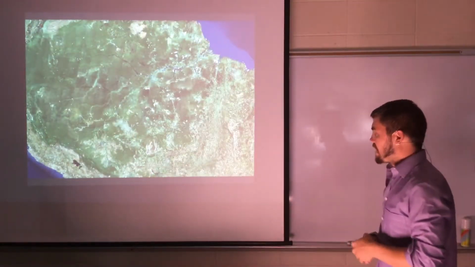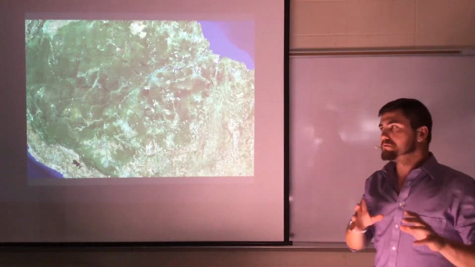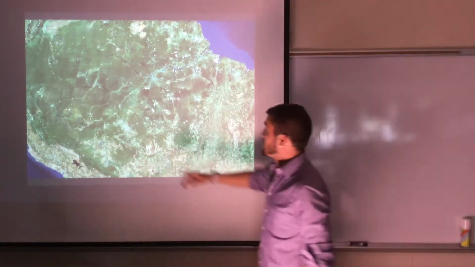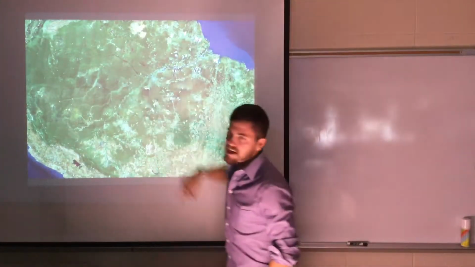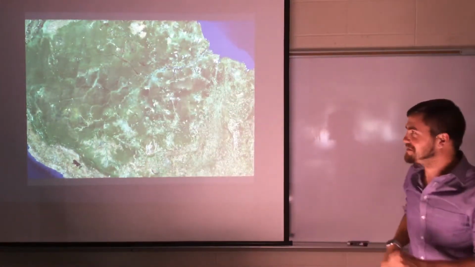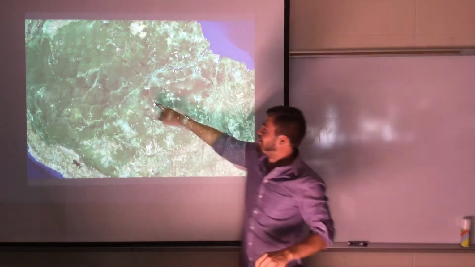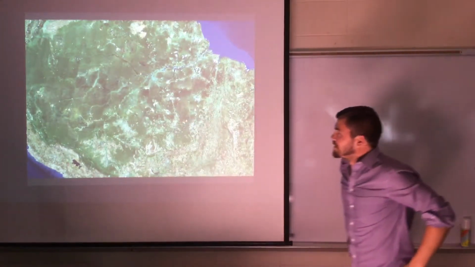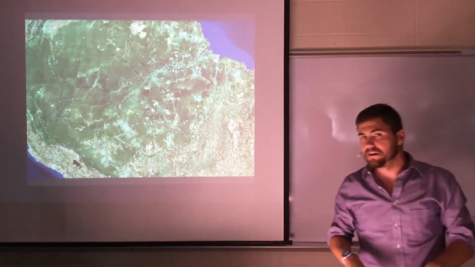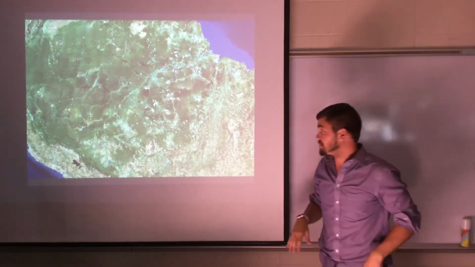Here we see the Amazon rainforest. Now, many parts of it have not been touched. So if we look over here, we can see how the dark green of this untouched rainforest is preserved.